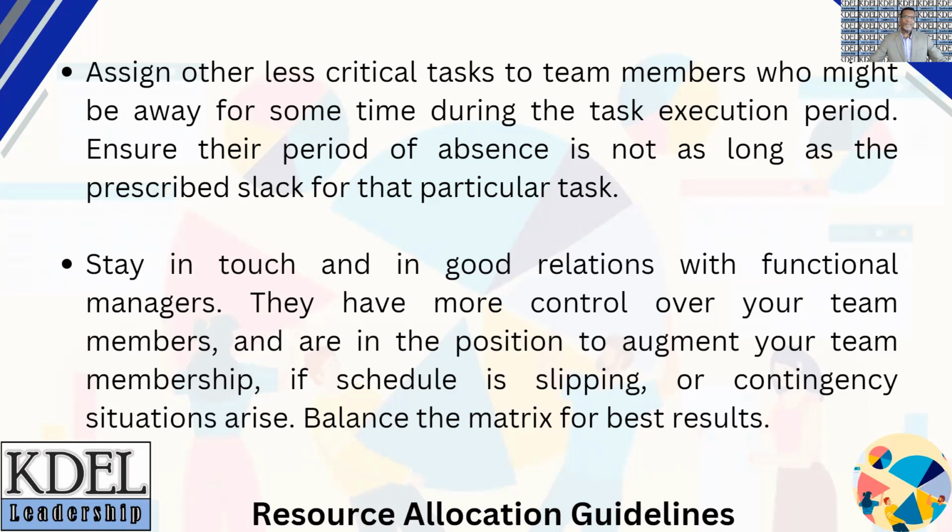A balanced matrix in project management, as some of you know, is where the project manager and the functional manager share power equally. When you share power with someone equally, it stands to reason that you must negotiate and be in good relations with that person for the both of you to take that project to a successful conclusion.